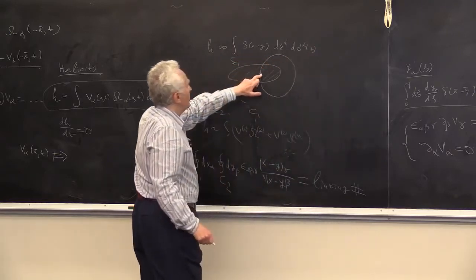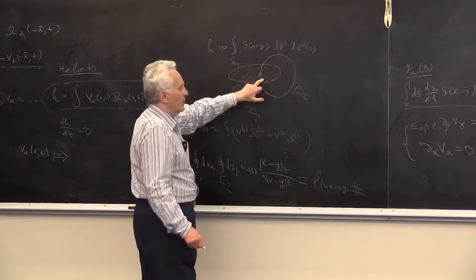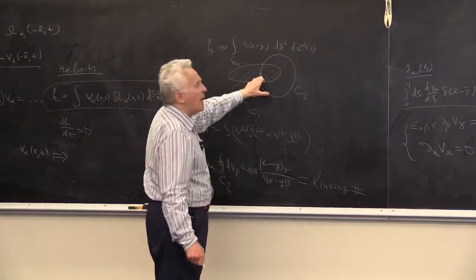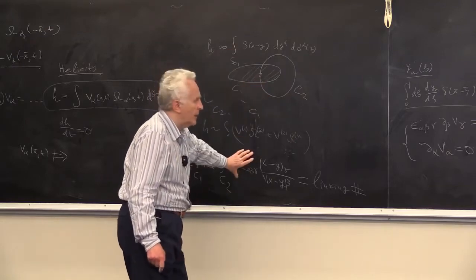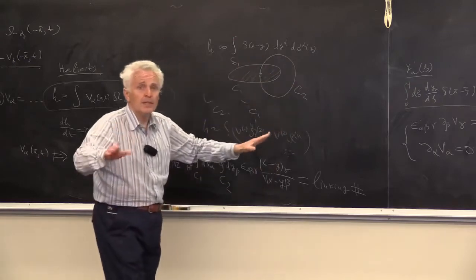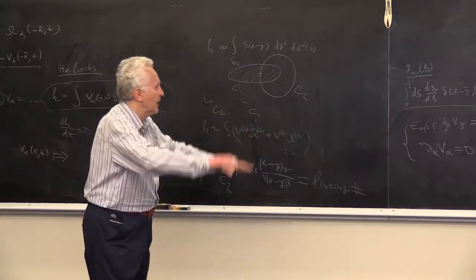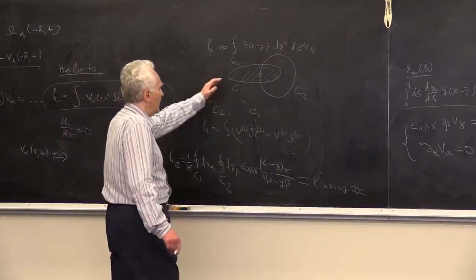And you see that the delta function clicks if the contour C2 crosses this surface. So if it doesn't cross the surface, this is just the direct application of the Stokes theorem. And once again, I will be absolutely happy to explain it to you in detail, if you like, but now we don't have time for that.